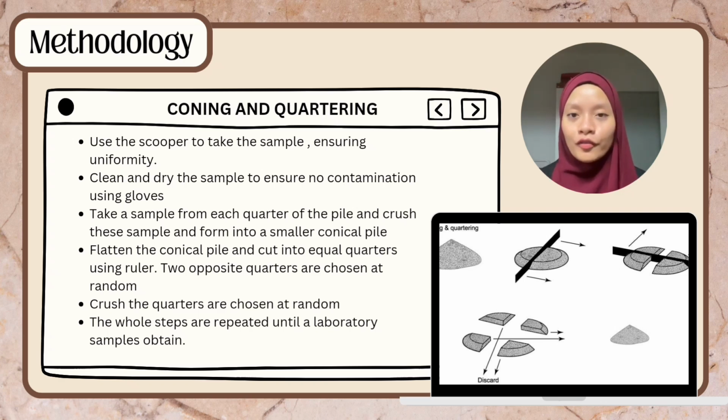Number 4, flatten the conical pile and cut into equal quarters using a ruler. Two opposite quarters are chosen at random. Number 5, crush the quarters chosen at random. And the last one, the whole step is repeated until a laboratory sample is obtained.